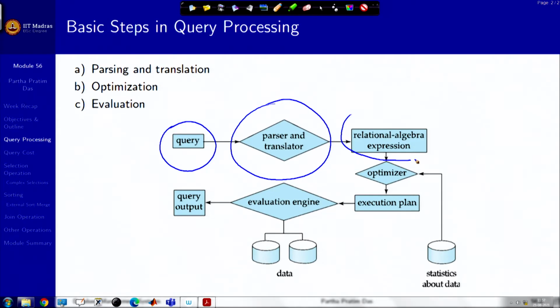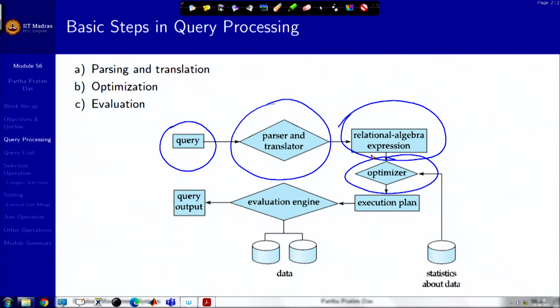So, this relational algebra expression needs to be evaluated in the context of the relations that exist, and often the relational expression that is created is not best suited for different costs. Primarily, our primary cost is about time. We want it fast, and at times we also consider space.